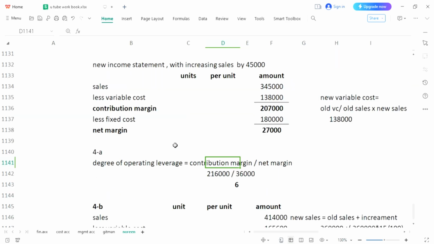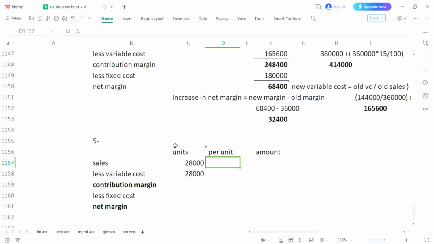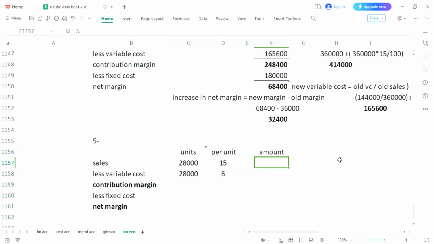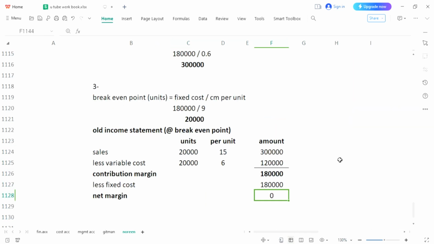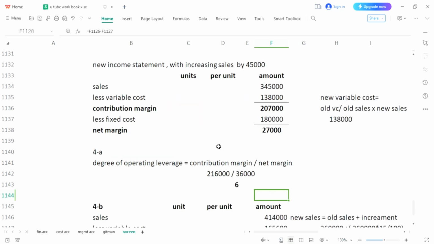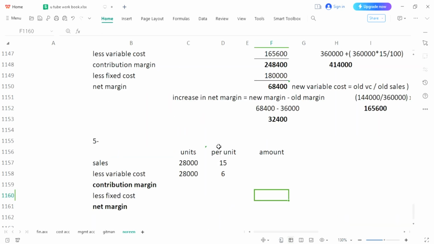So you will use the same 15 and 6 for calculation. Keep in mind, we are making the old income statement. That is why we are using the data originally given in the question. And finally, we can write fixed cost over here, which is 1,80,000.